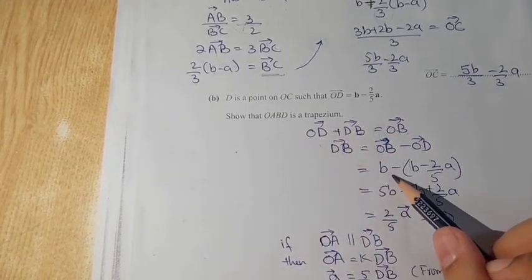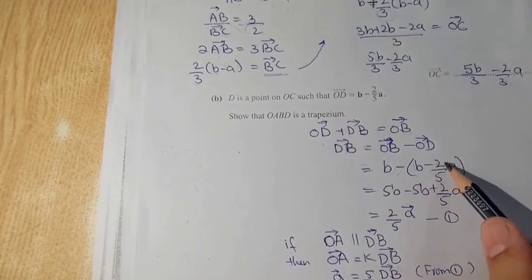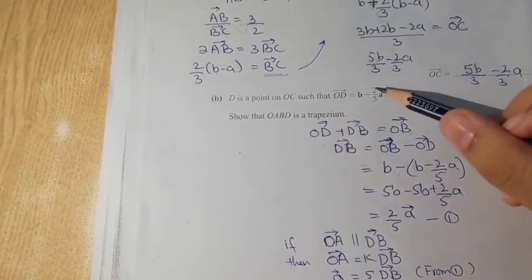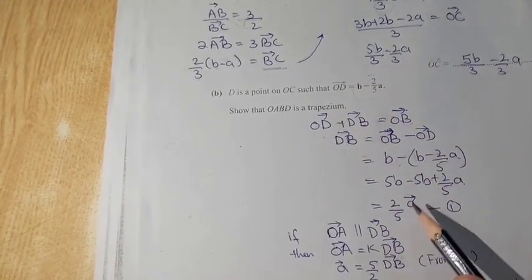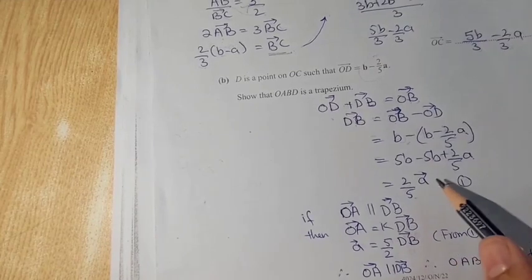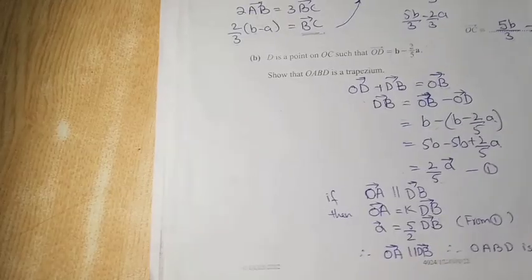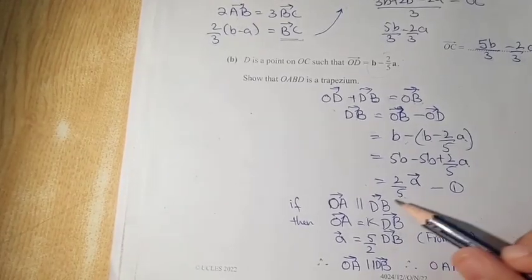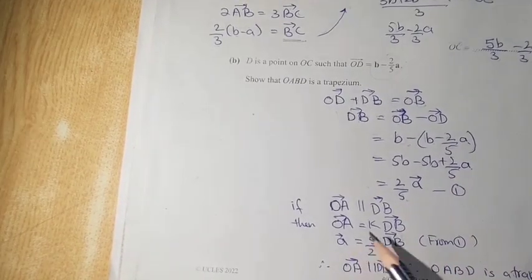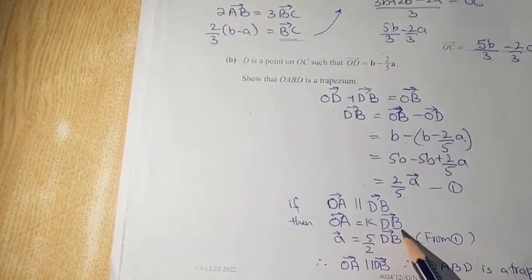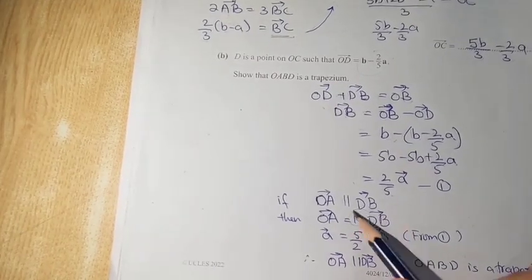OB is b, and OD is given as b minus 2/5 a. This is mentioned in the question. That would be 2/5 a, which is equal to DB. Now we need to prove that OA is parallel to DB. We will write it as OA equals k DB, where k is a constant.